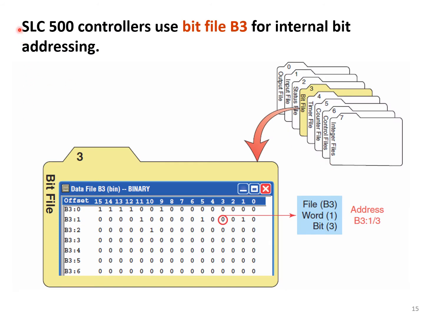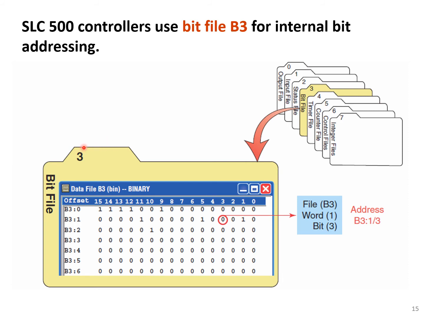So for example, SLC 500 controllers use bit file B3 for internal bit addressing. Okay, so this is the file B3. But for different PLCs, we have different addressing.